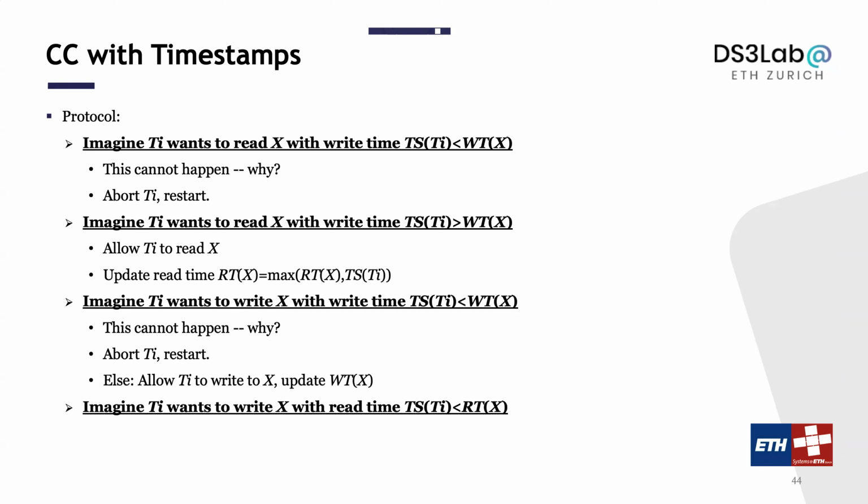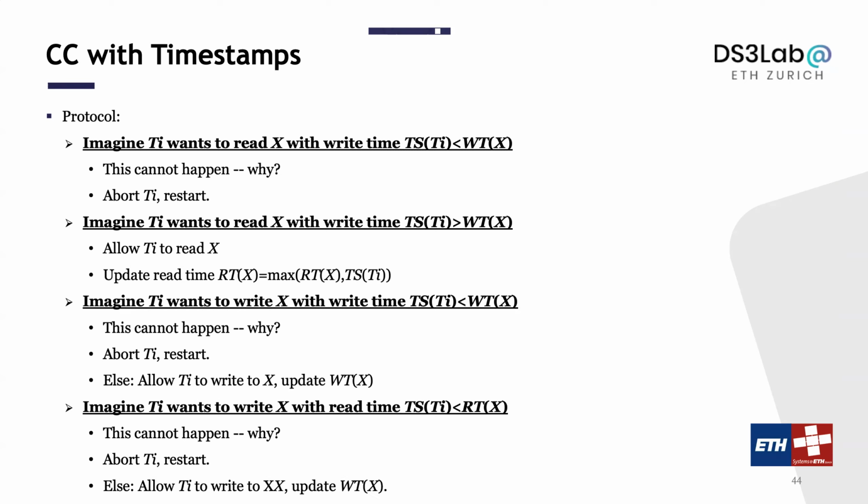So in the last case, imagine you have TI, you want to write to X, and X has a read time that happens in the future. Clearly this also cannot happen. What should you do? You abort TI, you restart. Otherwise, you just allow TI to write to X and you update the write time.